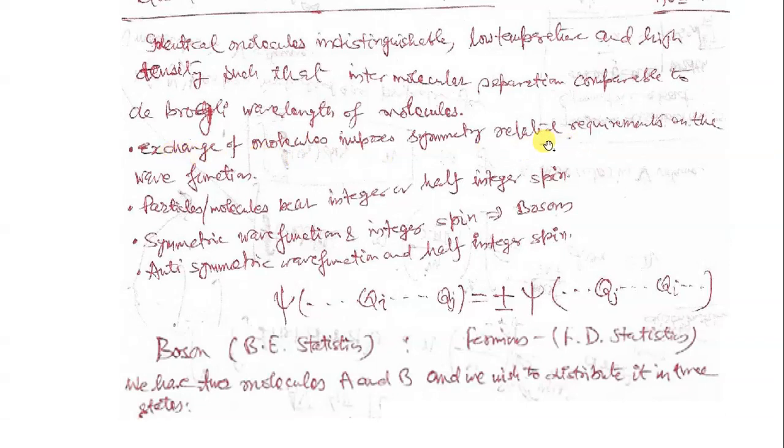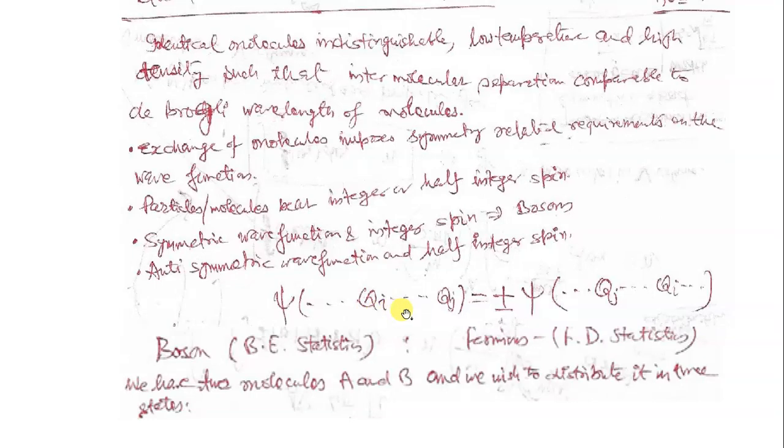In the case of quantum mechanical statistics, exchanging the positions of two molecules leads to certain symmetry-related requirements. Suppose you have n number of molecules; these molecules quantum mechanically can be defined using a wave function psi. So psi defines the state of your n gas molecules, where position coordinates are written like this.